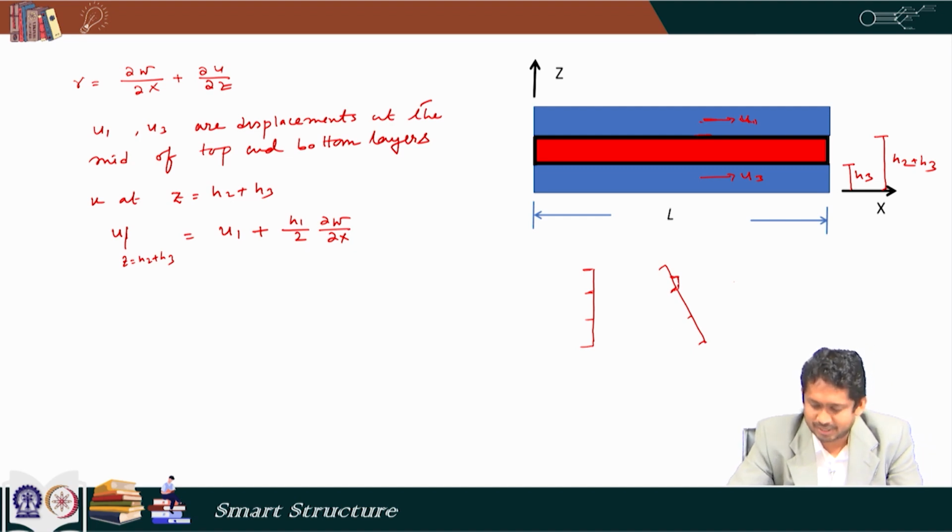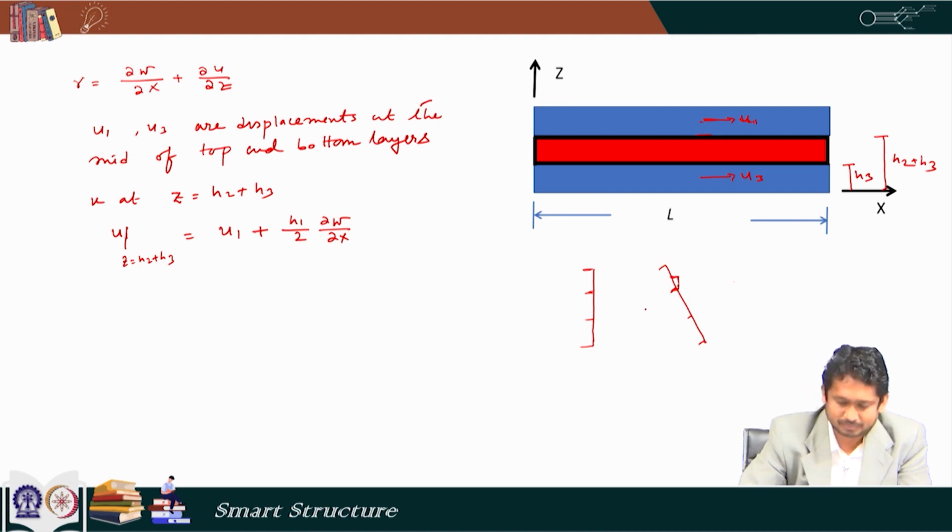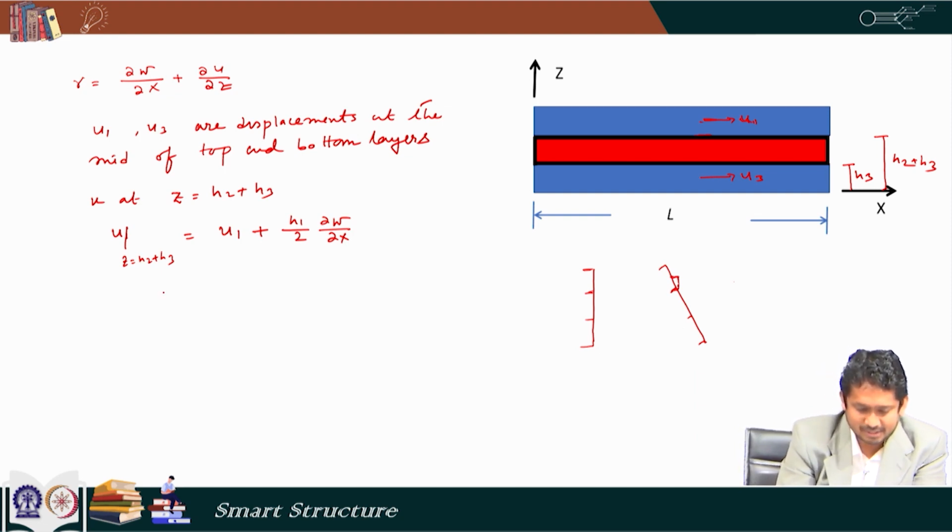If this same quantity was to be found with respect to the mid plane of the entire beam, then it would be just minus del w by del x multiplied by h2 by 2. But here we are finding it with respect to the mid of the top layer. So, it is u1 plus h1 by 2 multiplied by del w by del x.